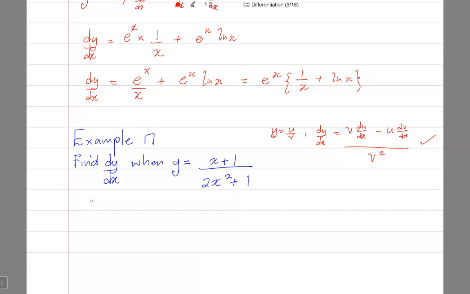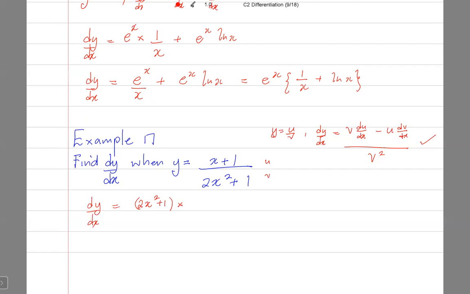So I just go straight for the answer and say dy by dx would be equal to v. So remember, u is at the top and v is at the bottom. So it would be equal to v, which is 2x squared plus 1. That's v multiplied by the differential of u. U is x plus 1.